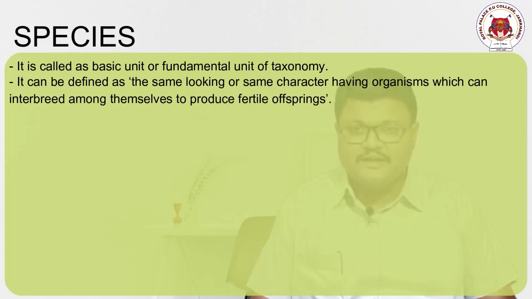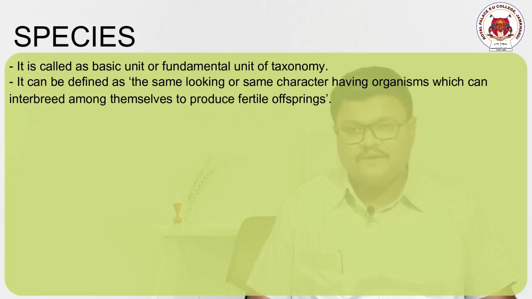As I mentioned earlier, the species contains the least number of organisms, which should be similar to one another. According to binomial nomenclature, the species should have a scientific name.